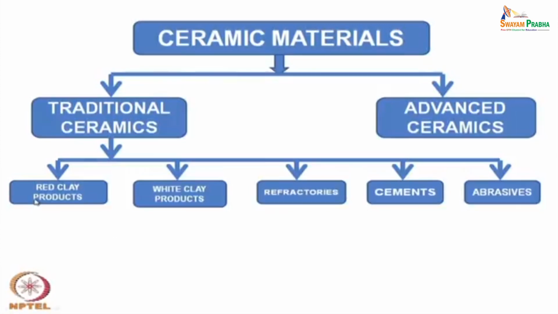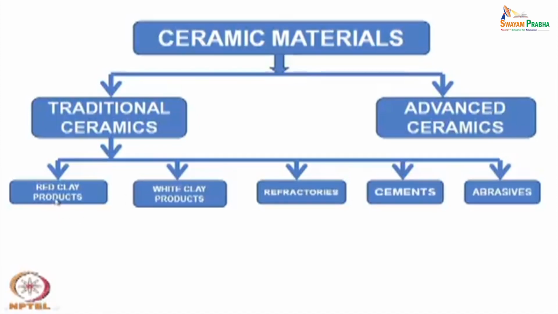So, this red clay, the common clay, when you heat to high temperature, maybe about 800 to 1000 degrees centigrade, converts to a strong body having a red color, and this red color basically comes from iron oxide.